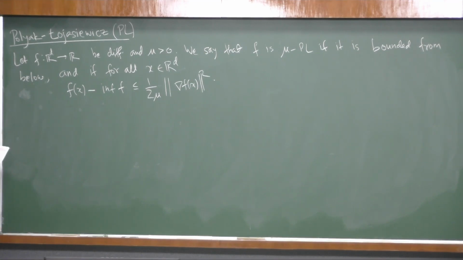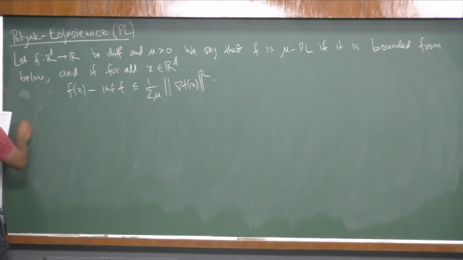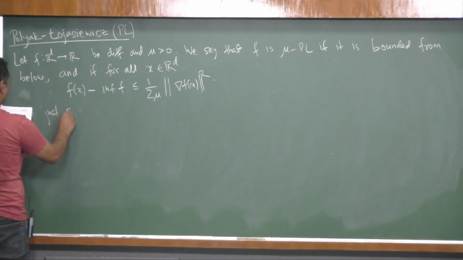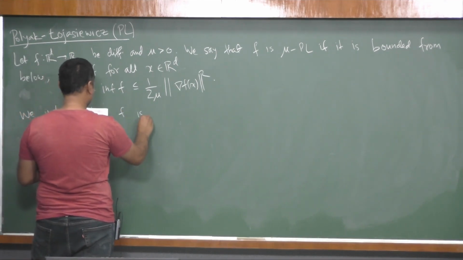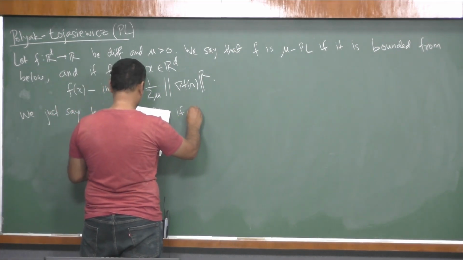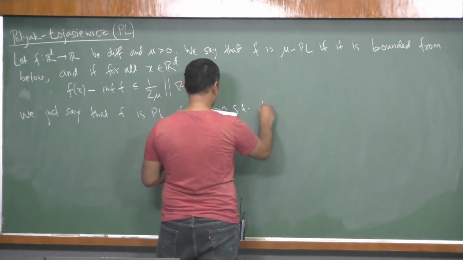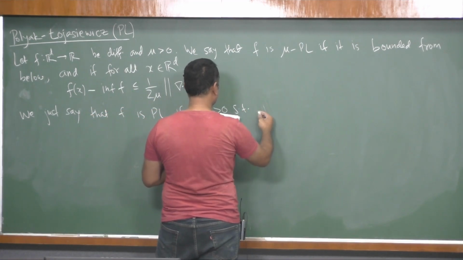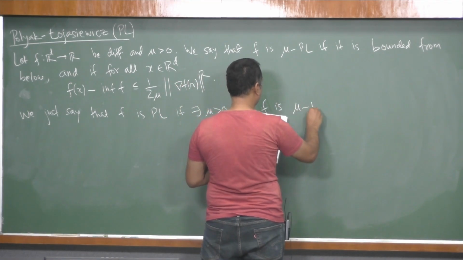What is to be noted is that we say f is PL if there exists mu greater than 0 such that f is mu PL.